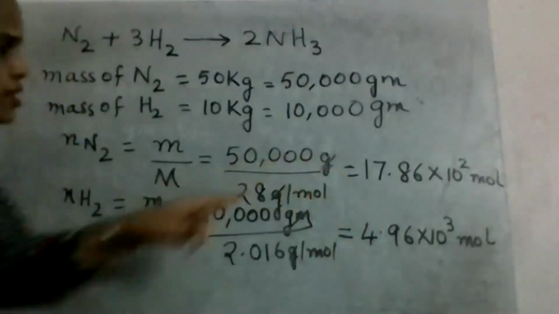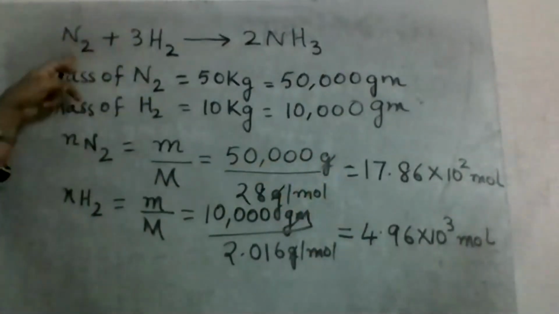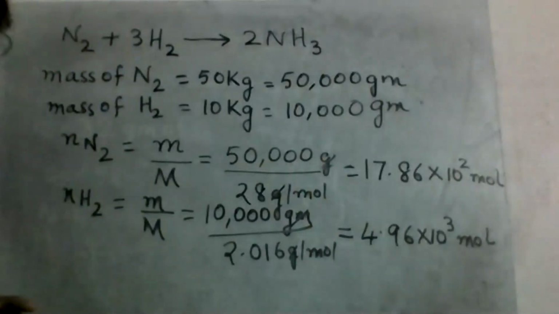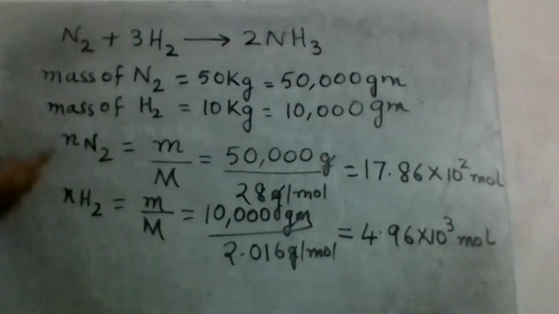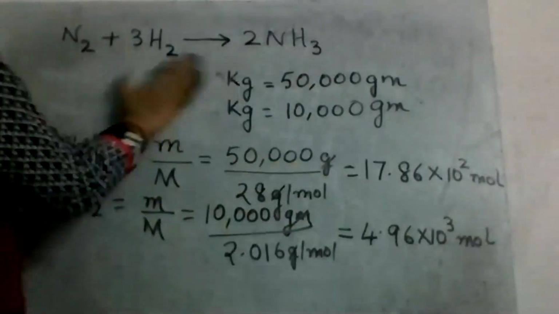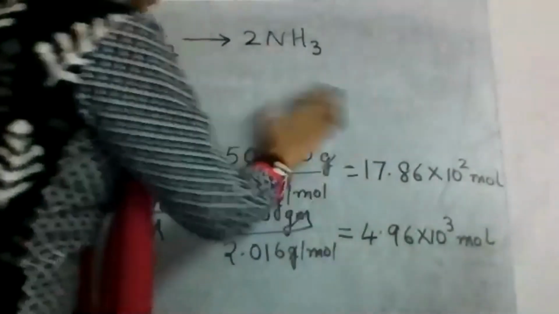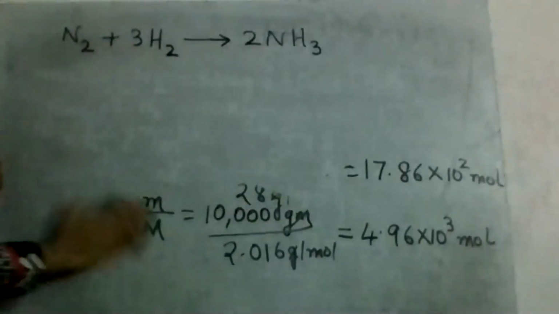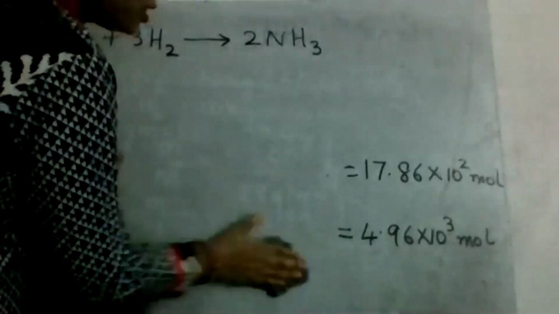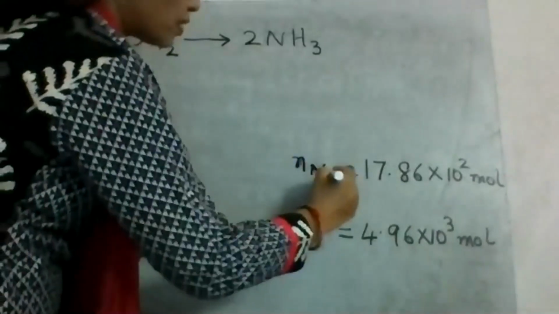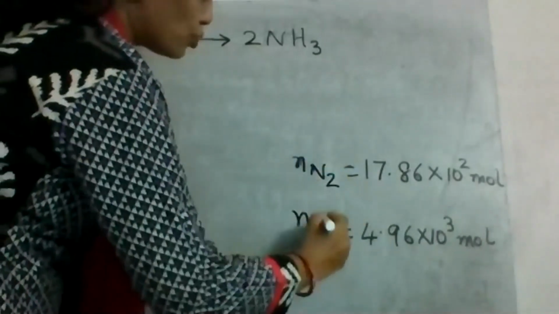But the hydrogen that is given will be compared with respect to this equation. Now see how I equate this equation. I am writing only the number of moles for hydrogen and nitrogen. This is the number of moles of nitrogen, N for N2, and that is the number of moles of hydrogen, N for H2.